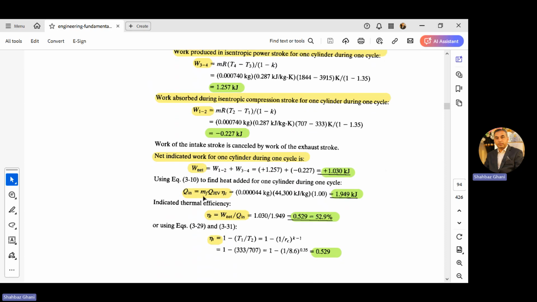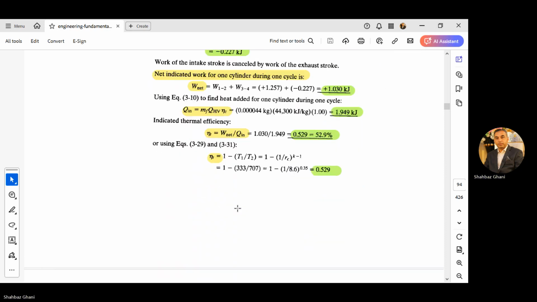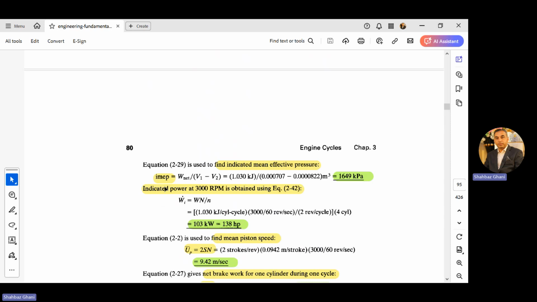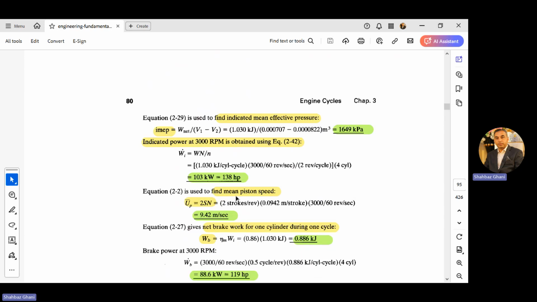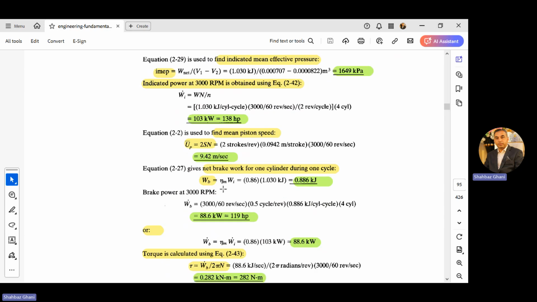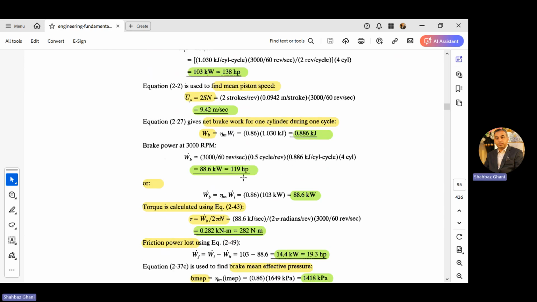Then Q in, then the indicated thermal efficiency with two different methods. Then the indicated mean effective pressure, the indicated power, the mean piston speed or average piston speed, the net brake work, and the brake power with different methods.